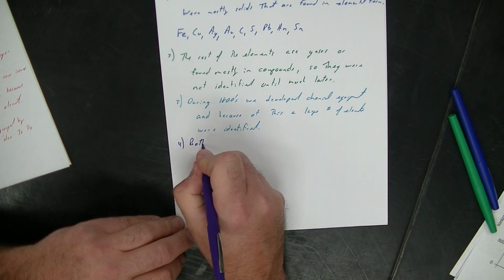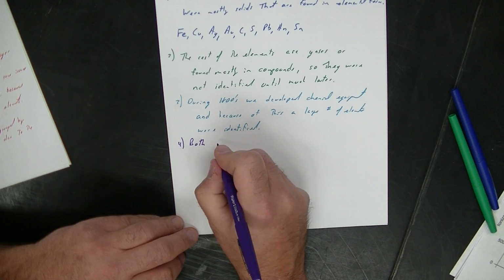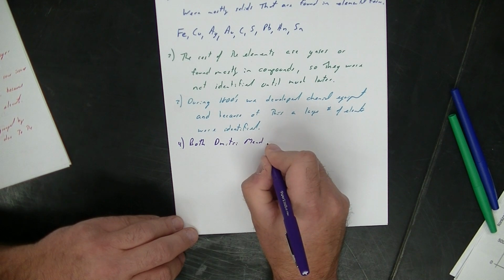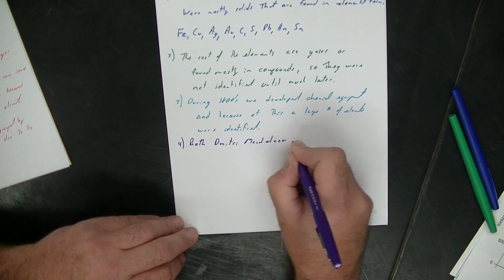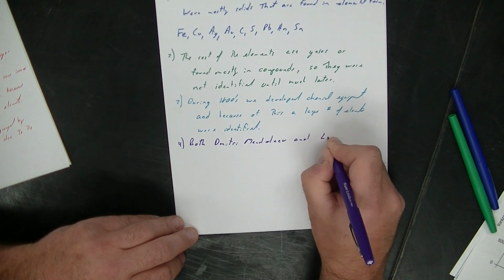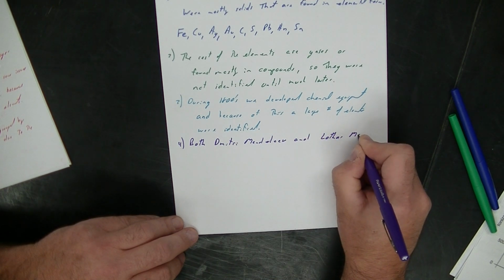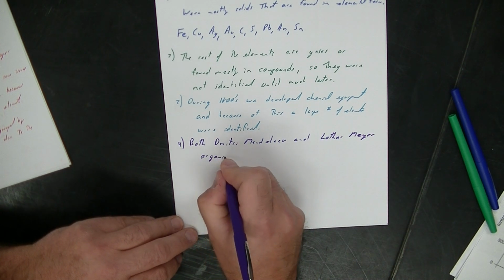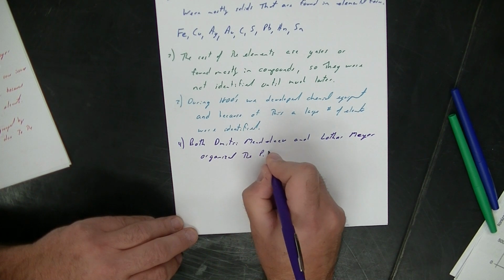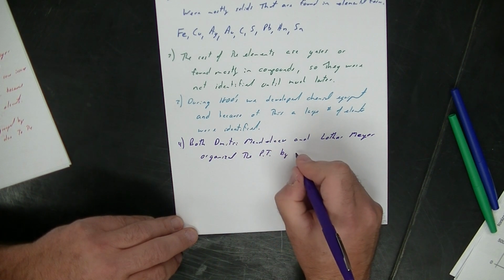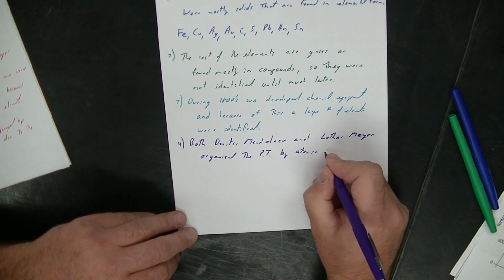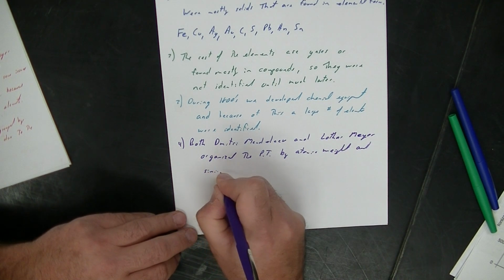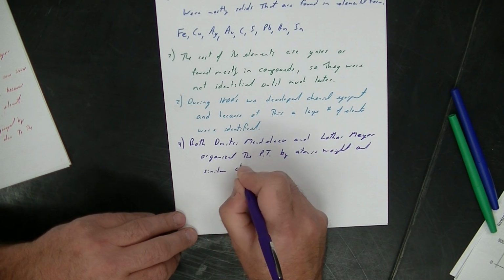So both Dmitri Mendeleev and Lothar Meyer, M-E-Y-E-R, organized the periodic table by atomic weight and similar characteristics.